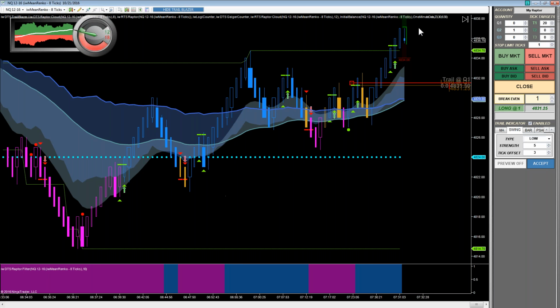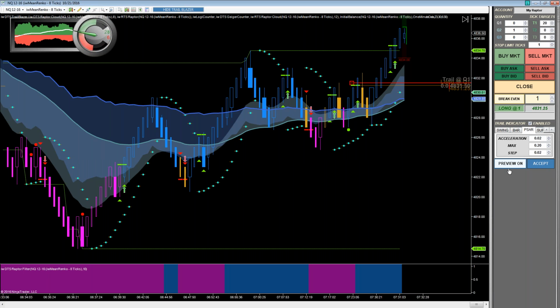Okay, if they avoid stalling here again, what I'll do is move into something maybe like a parabolic stop. I can do that already. Come on, you stinkers.